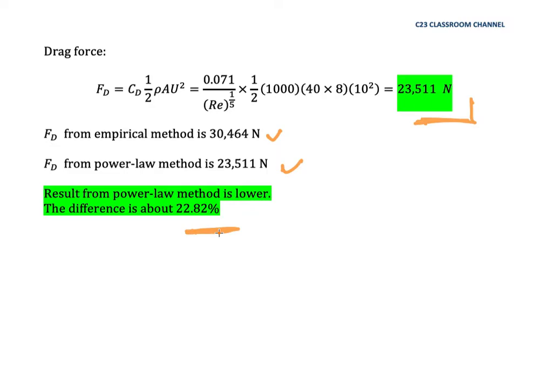This may give us a somewhat false perception of the drag force between the power law and the empirical methods. So if you do research on drag force, maybe this difference will influence your result.